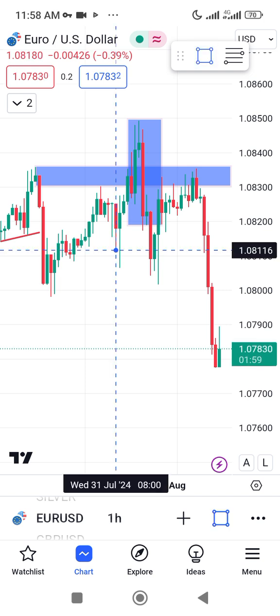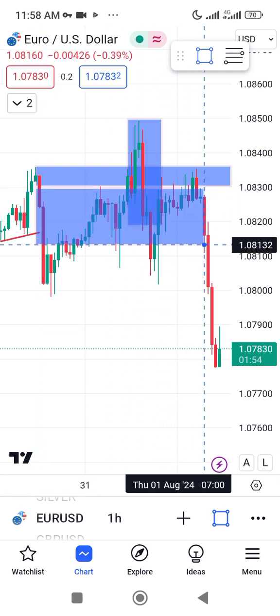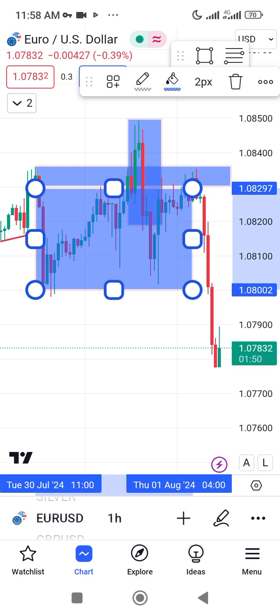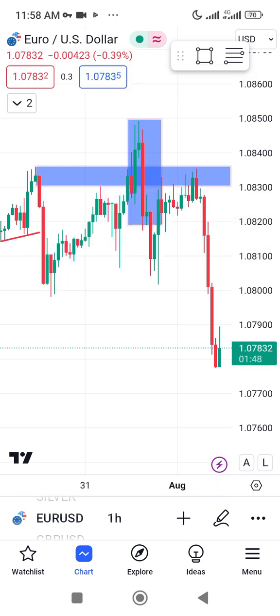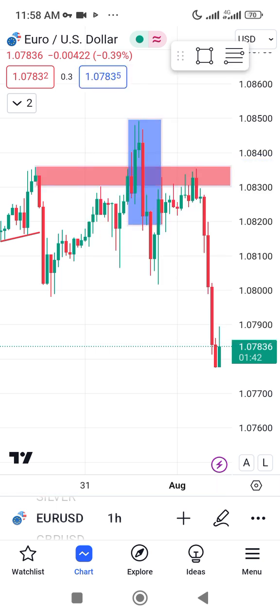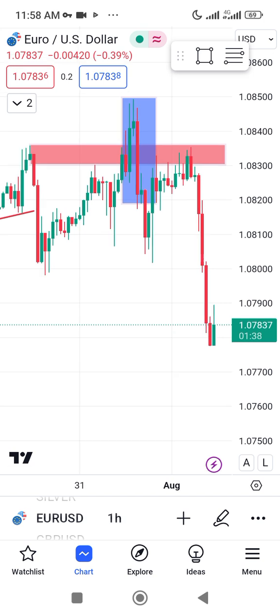You can see anything from here to here is our zone. So price closed back into our zone, which makes this area here, let me use another color, red, become our supply. You can see our sell zone.